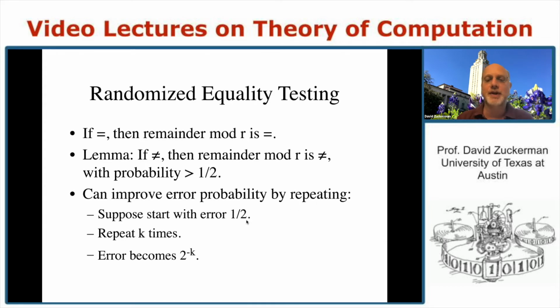Suppose we start with error 1/2. If we repeat it k times, the error becomes 2 to the minus k. Because in order for an error to occur in this whole process repeated k times, an error has to occur in each of the k runs. And the probability of an error occurring in each of the k runs is at most 1/2 to the k.